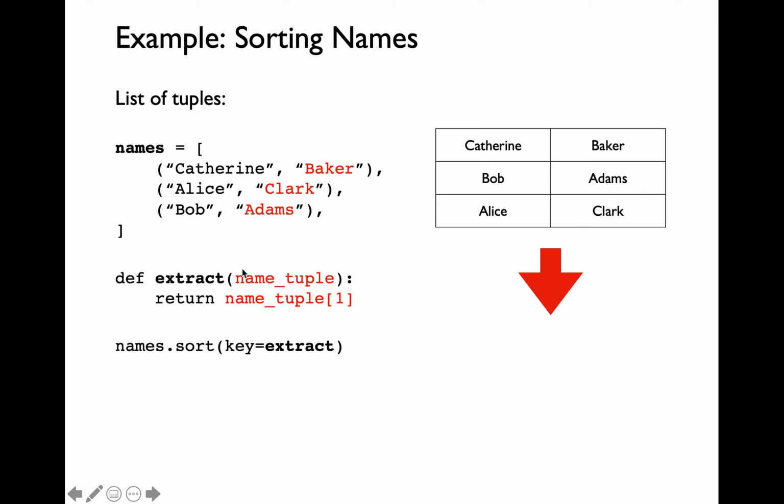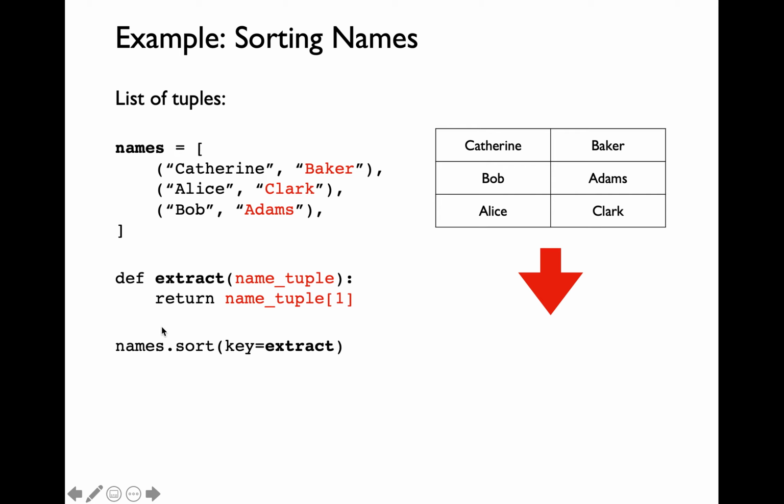It is very important that you understand that the extract function here is going to only deal with one of the items within the original list of items. Why is that significant? That's because the sort method or the sorted function is going to be the one which applies the extract function to each item within the original list of items.